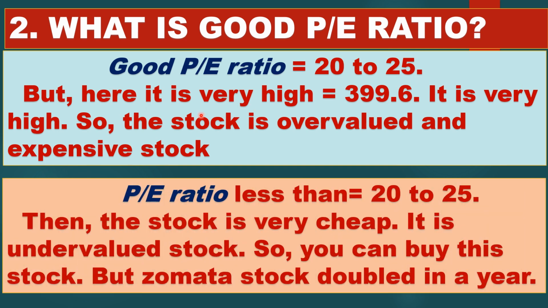But in the case of Zomato, it is very high. So the stock is overvalued and an expensive stock according to market experts. From this fundamental, they will say the stock is overvalued and expensive because the PE ratio is higher than 20 to 25.